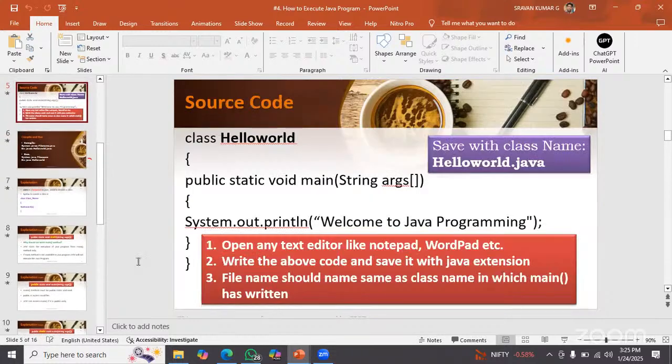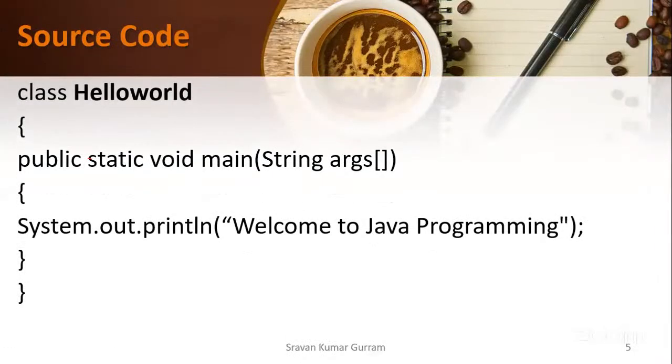Right now, I want to explain what terms we are using to write the code. This is a very basic program. So the first point is class. This is the class name. You must not give any spaces in the class name. Starting point of the class, ending point of the class.